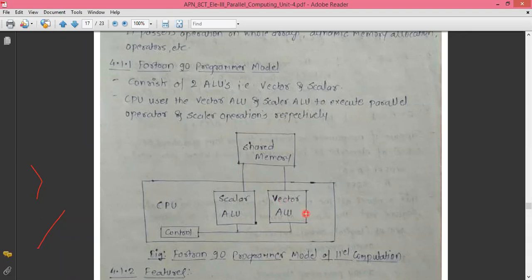Obviously, the processing time for the scalar ALU is always on the lower side, because the instructions are less complicated and get executed within a very short time span. Vector instructions are bulkier and heavier, so they take more time for execution. So this is the Fortran 90 parallel programming model.